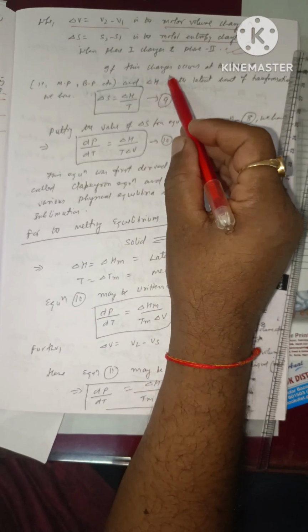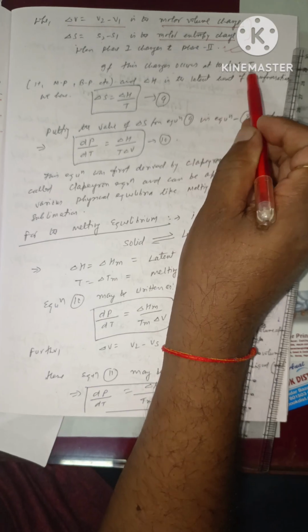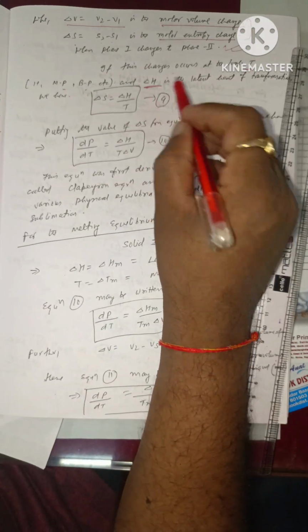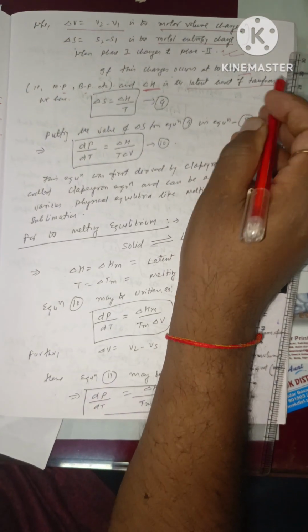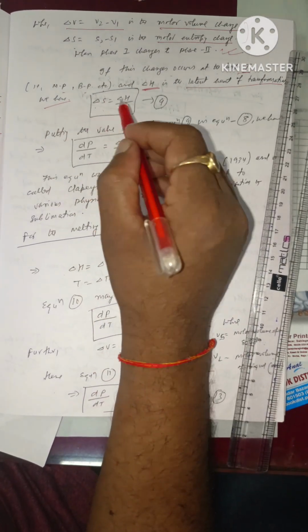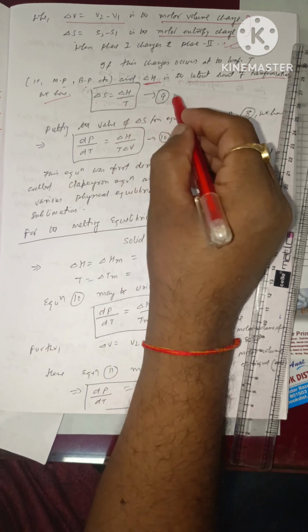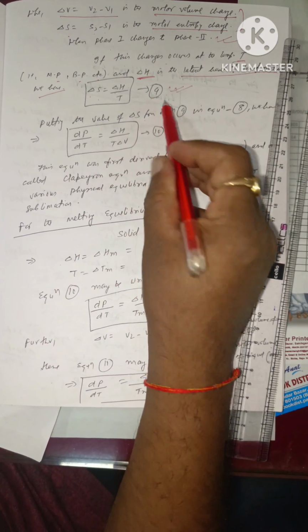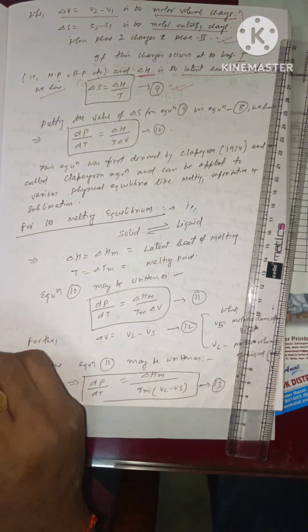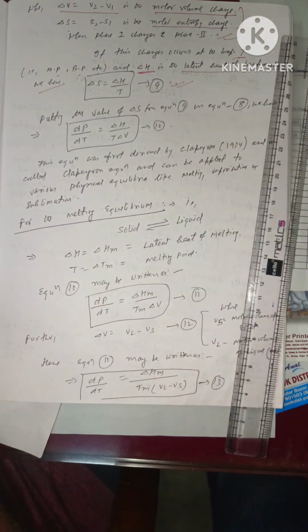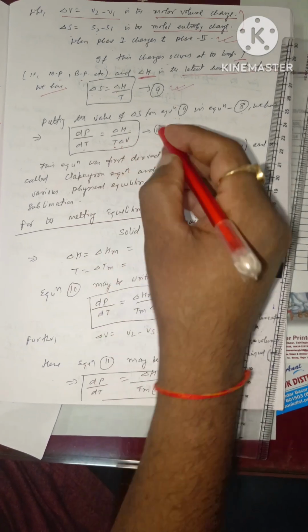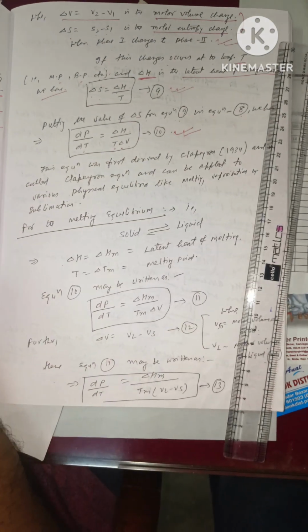If these changes occur at the temperature T, that is, melting point and boiling point, etc., and delta S is the latent heat of transformation, then we have delta S is equal to delta H upon T, say equation number 9. Putting the value of delta S from equation 9 in equation 8, we have dP upon dT is equal to delta H upon T delta V, say equation number 10.